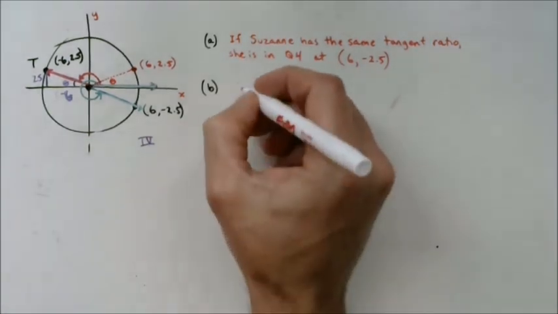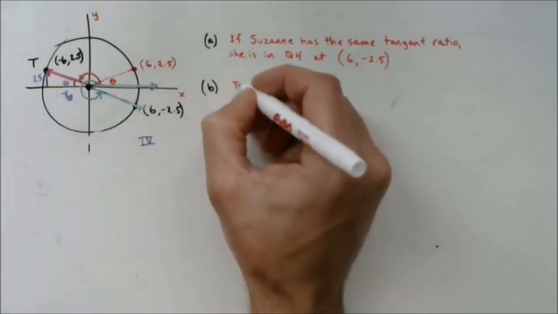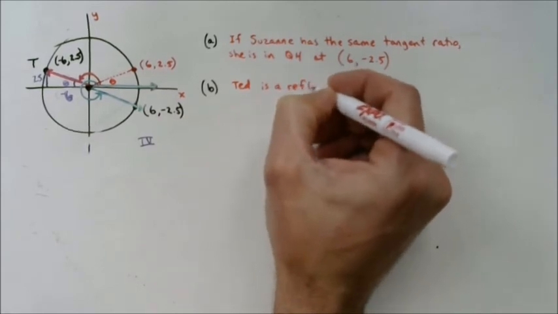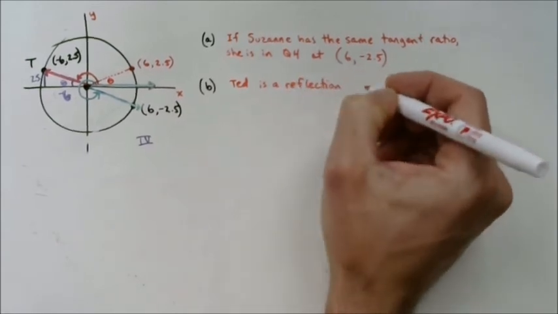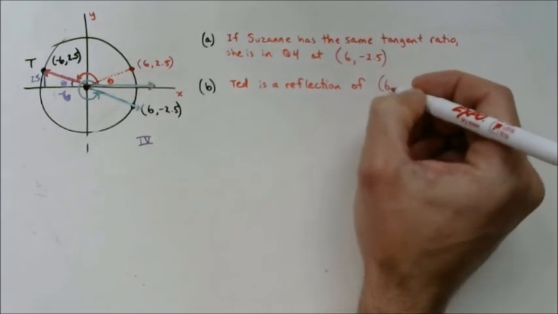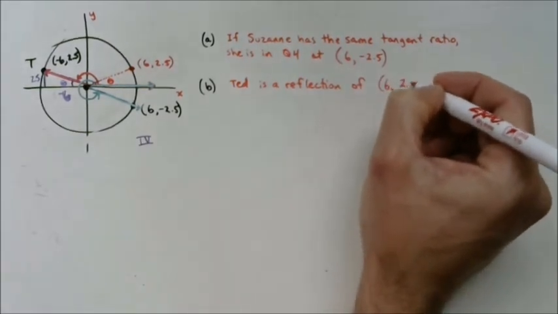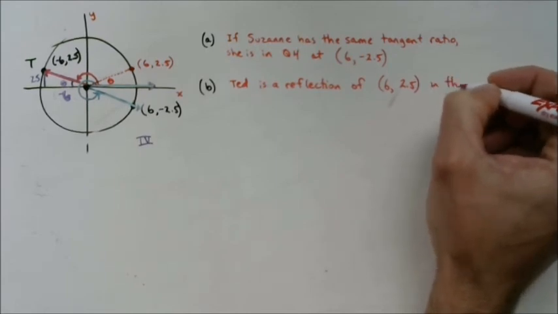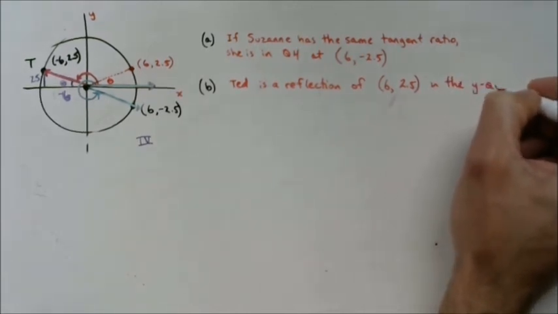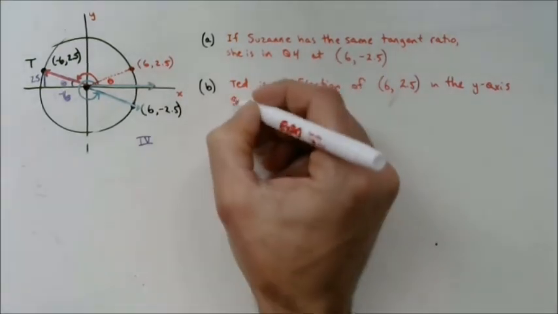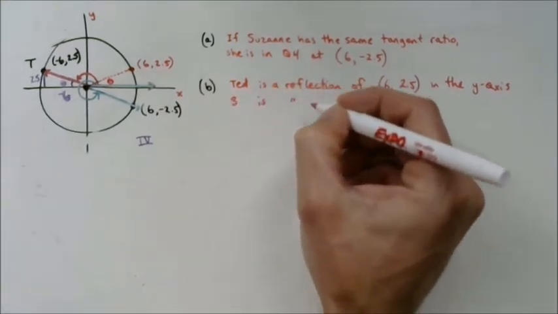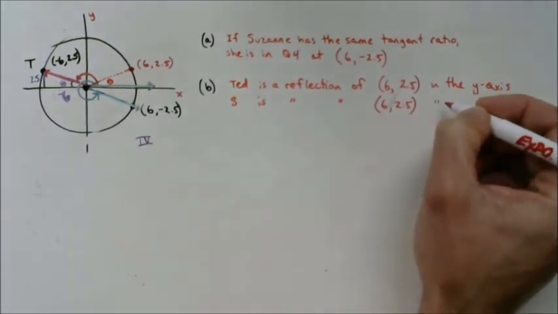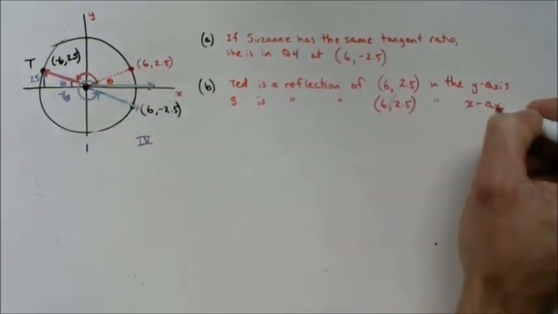let's put some notes here. Ted is a reflection of (6, 2.5) in the y-axis. Suzette is a reflection of (6, 2.5) in the x-axis.